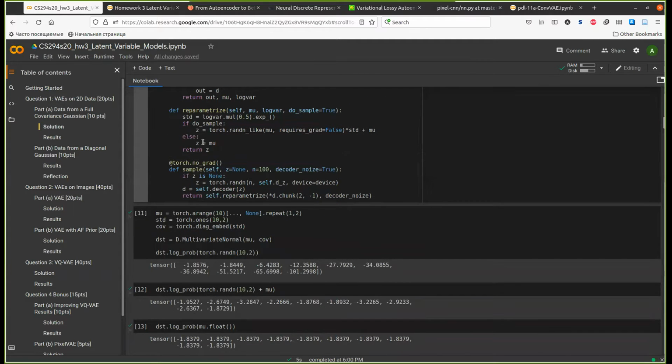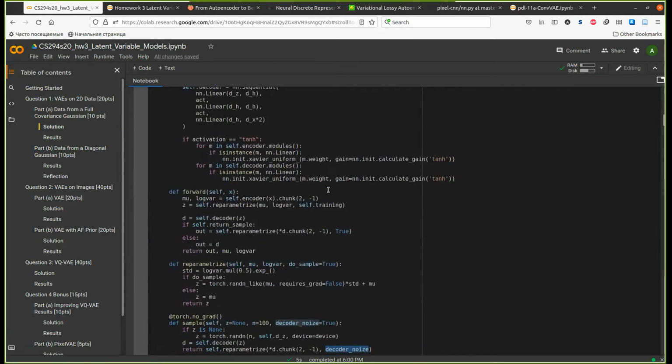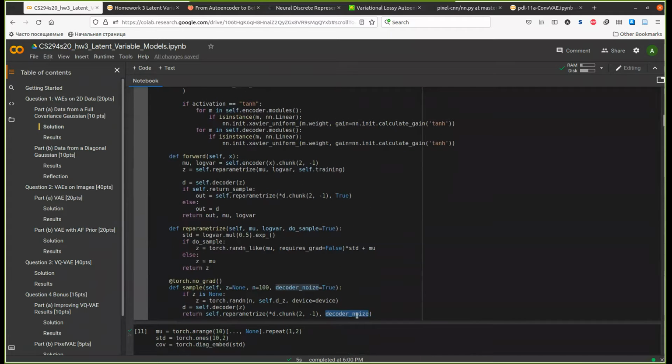The last thing we can do with the model is sample. To sample, we just get random noise and feed it to the decoder. We have this decoder noise parameter here, and if it is true, then we pass it to the reparameterize method, with this do sample flag.